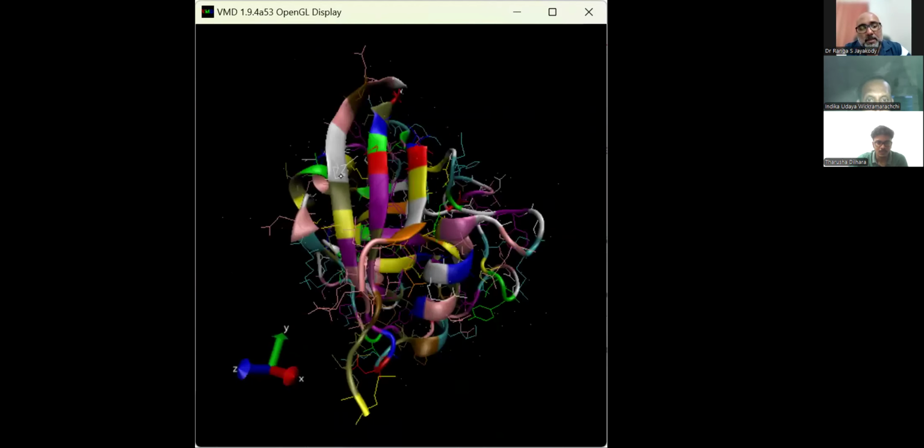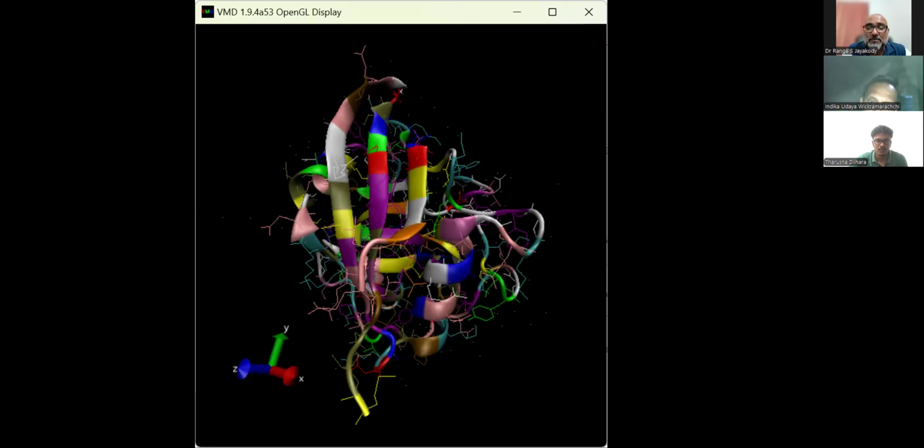Now we were saying that if we could take all the alpha helices in all the proteins in the entire Protein Data Bank, and do an analysis to see if there's a common set of sequences that gives rise to alpha helices, then how is it going to be useful?